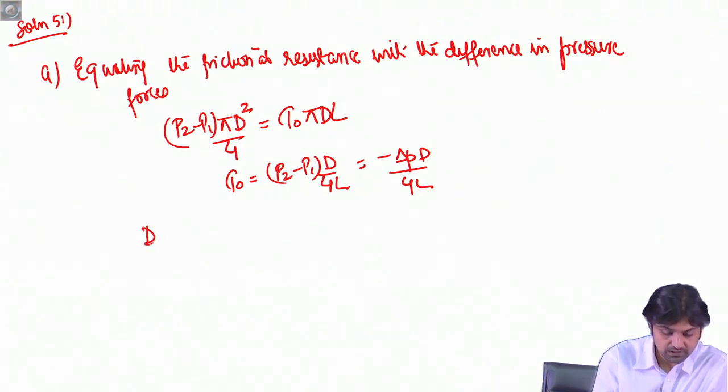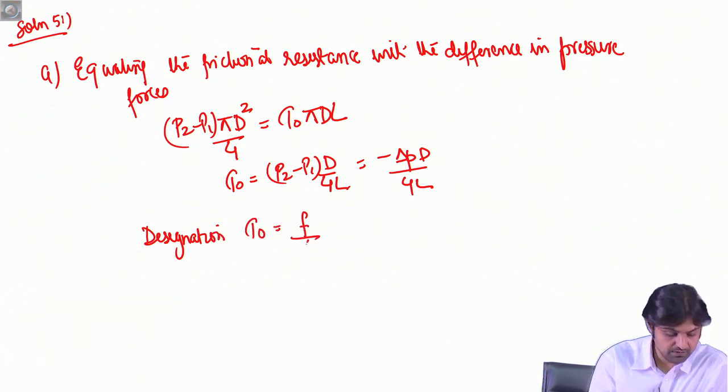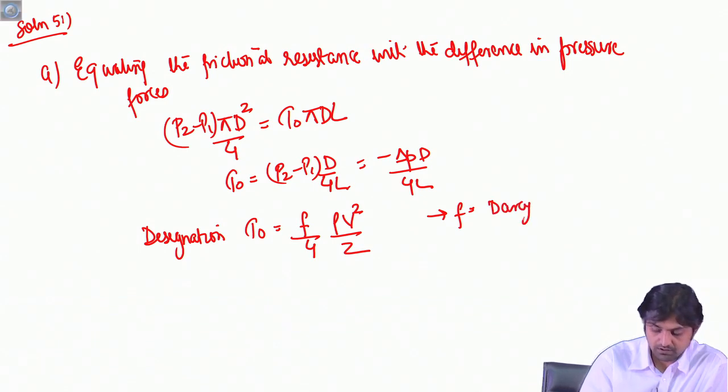Now by definition, tau naught is f by 4 rho V square by 2. Here f is Darcy friction.